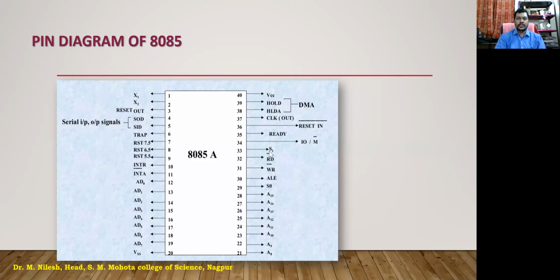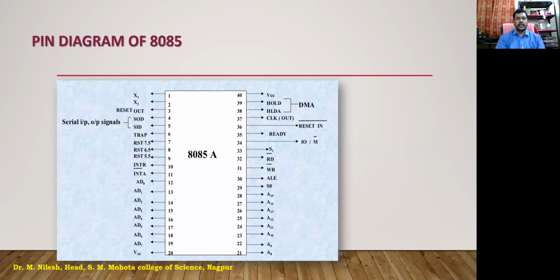So S1 and S0 are the status signals, which determine in which mode we are going to use this 8085. S1 and S0 can be combined to have 0 0, 0 1, 1 0, and 1 1 sort of status, and accordingly we will have different types of modes. 34th pin is IO/M bar, which shows whether the signal is for input output or whether it is for the memory.